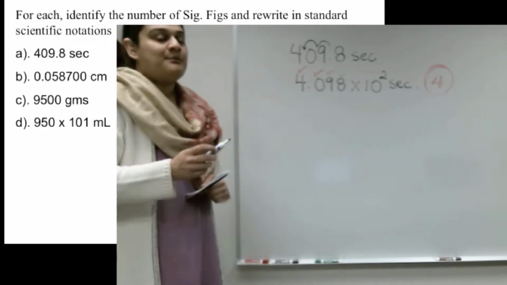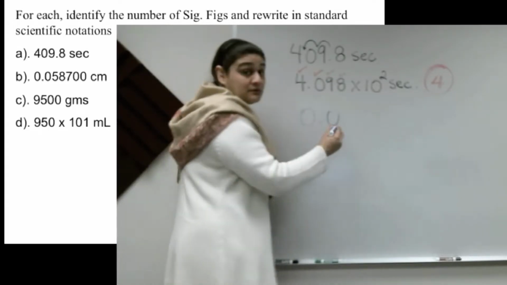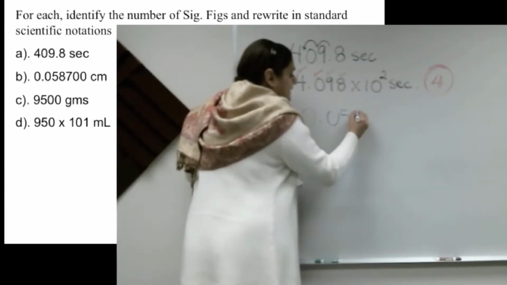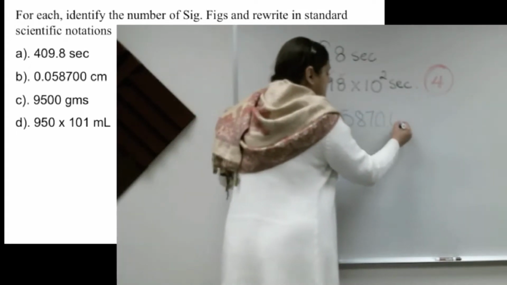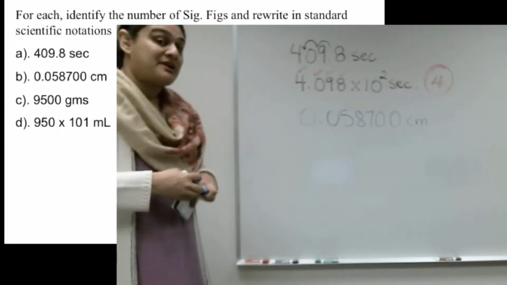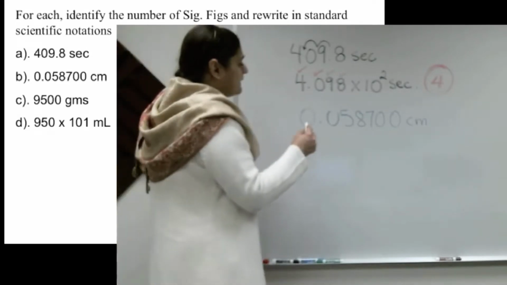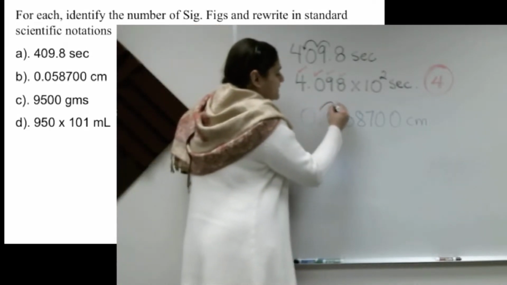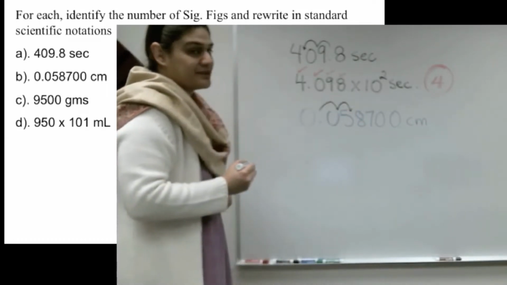B. My question is 0.058700 centimeters. Okay? How do I express this in terms of significant figures? In this case, I am moving this over 2 decimal places, right?